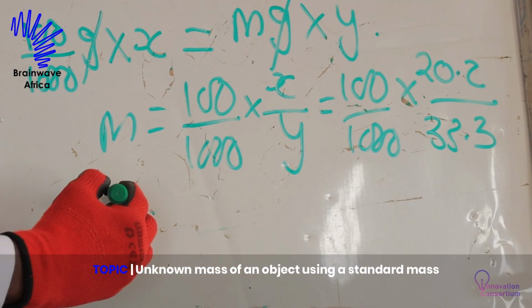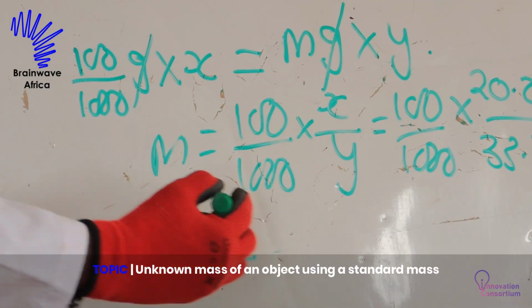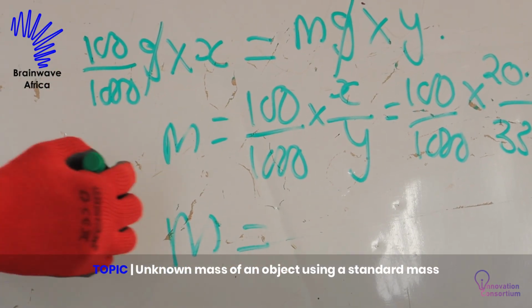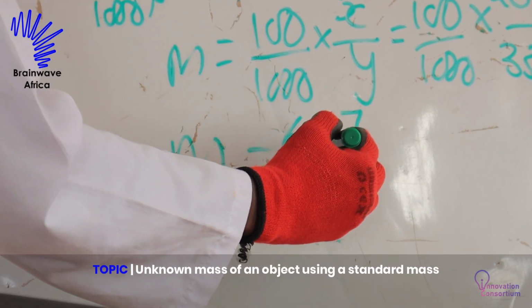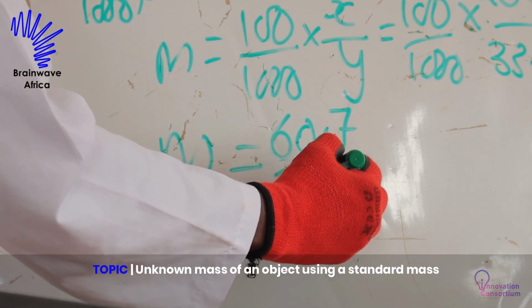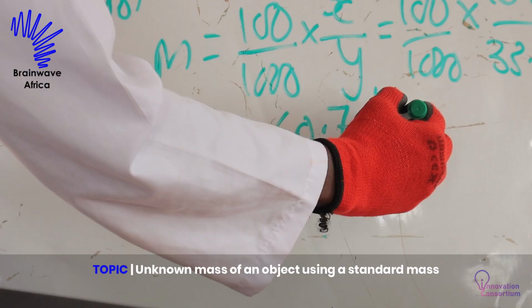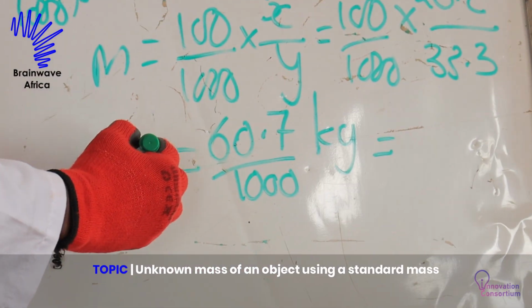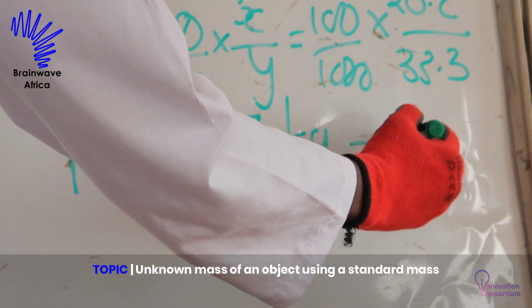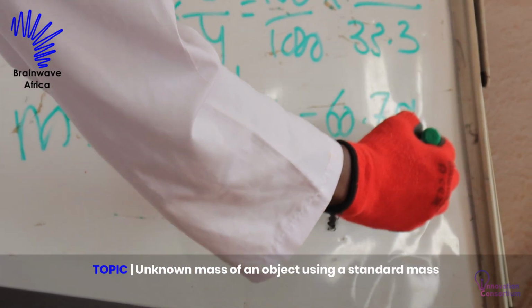This gives us the value of m as 60.7 divided by 1000 kilograms, which is equal to 60.7 grams.